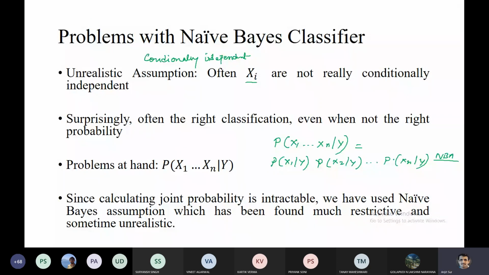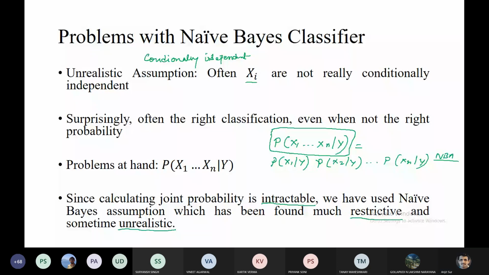On the other hand, if you calculate the joint conditional probability, it is mathematically intractable. The naive solution is much too restrictive and sometimes unrealistic. So this is our setting at this moment.